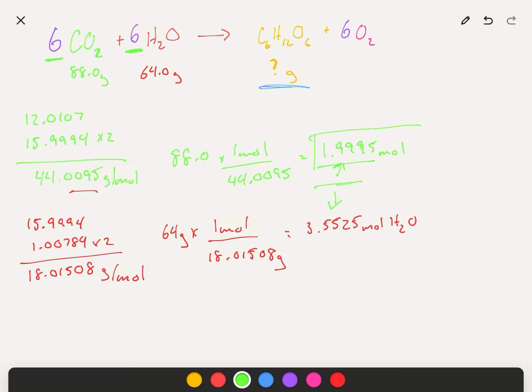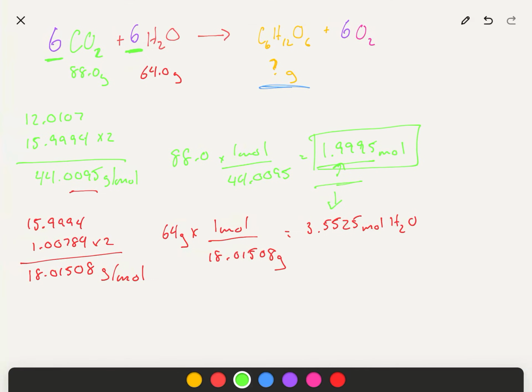So we are going to use this number here to calculate how many grams of glucose we have. So we have 1.9995 moles of CO2. And we are going to multiply that by our molar ratio, which is 6:1.